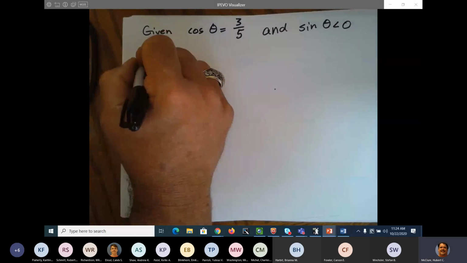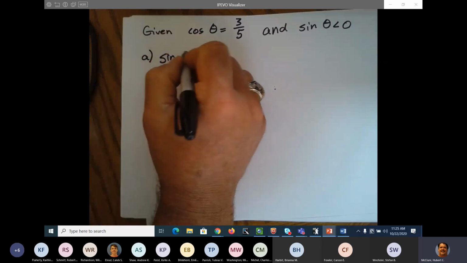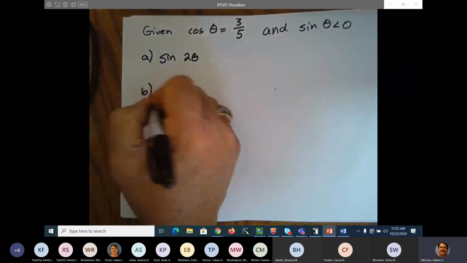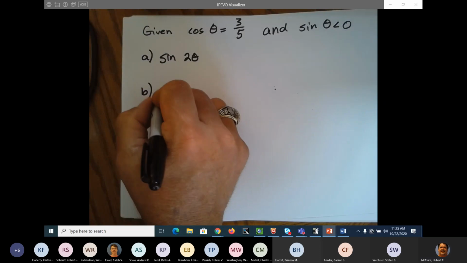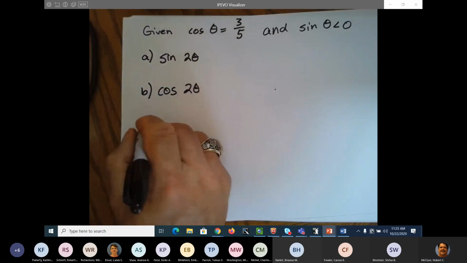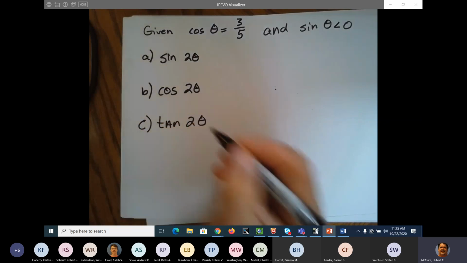A, find the sine of 2 theta. B, find the cosine of 2 theta. And C, find the tan of 2 theta.